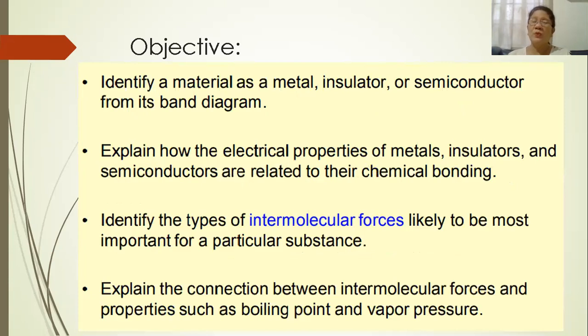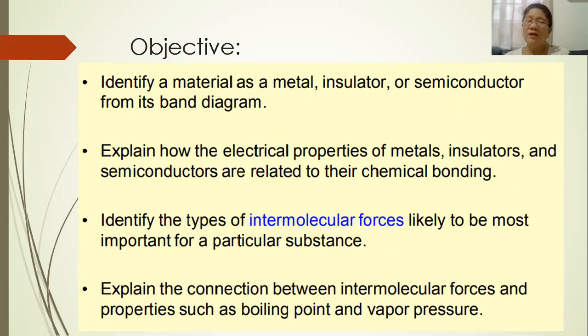Of course, we will also describe some properties of materials, and differentiate these properties among metals, insulators, and semiconductors. We will identify the different types of IMF, that is intermolecular forces, as I have said, the bonds.